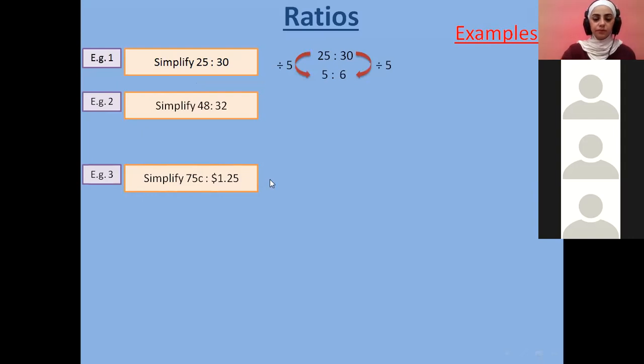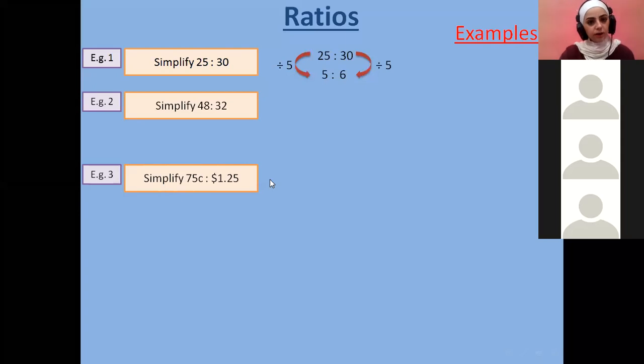The second, simplify 48 to 32. We'll divide it by 2, which will be 24 to 16. Excellent.